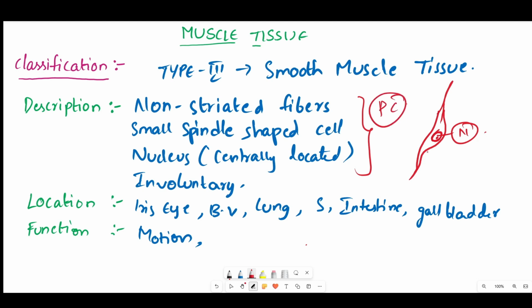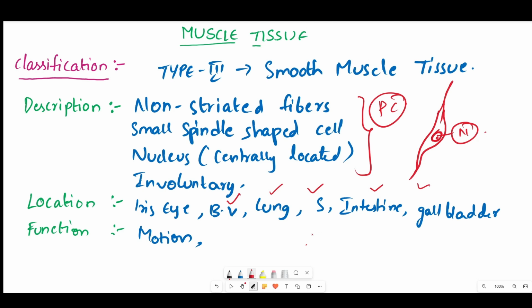Coming to its location, it is present in the iris of the eye. It is also present in the blood vessels, in their internal structure. It is present in the airway of the lungs, in the stomach and also in the intestine, in the gallbladder, and also in other areas like the urinary bladder and the uterus.